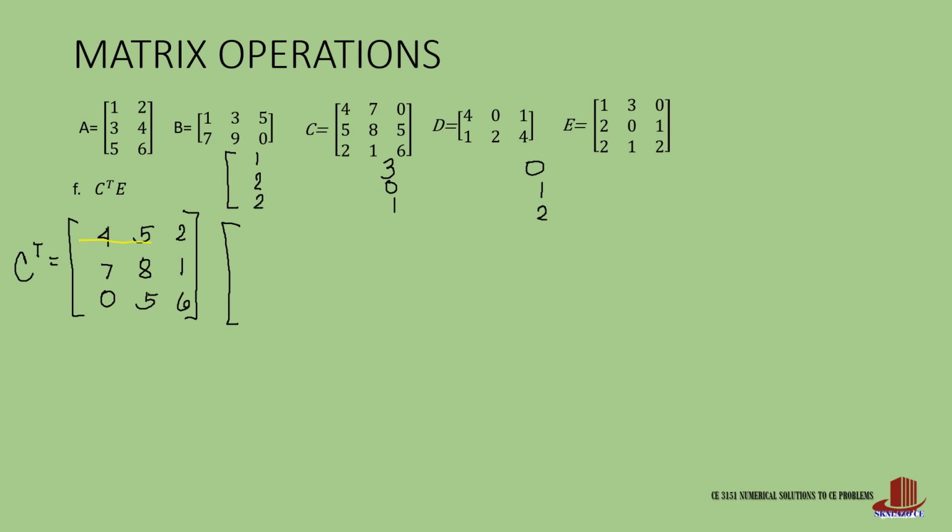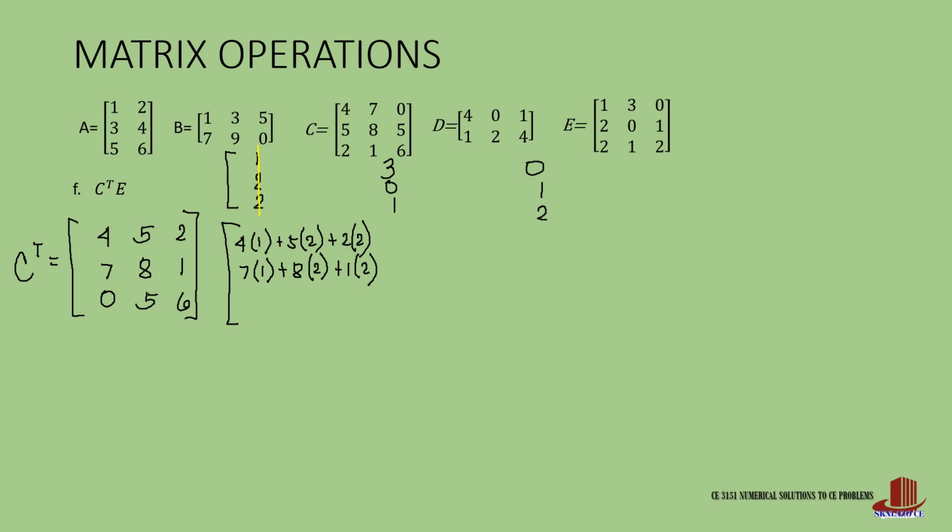The same procedure. Start off with the first column and the first row. This would give 4 times 1 plus 5 times 2 plus 2 times 2. For the second, we would have 7 times 1 plus 8 times 2 plus 1 times 2.